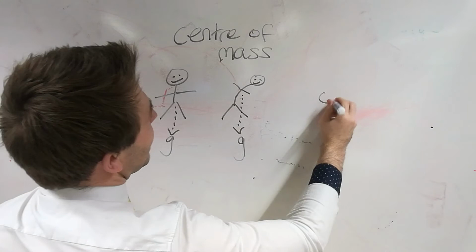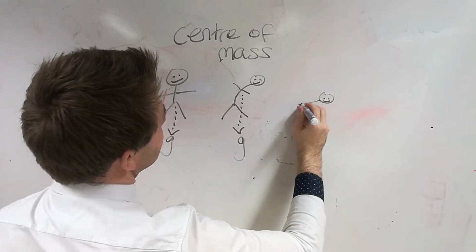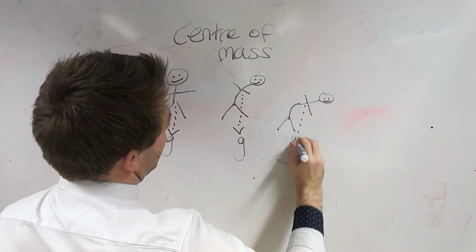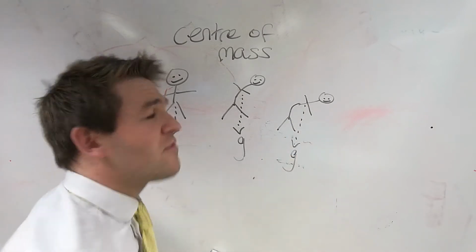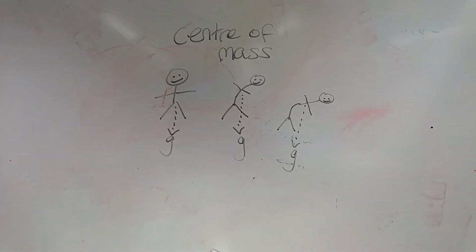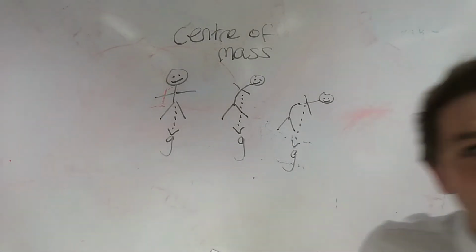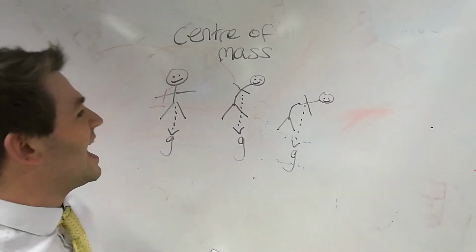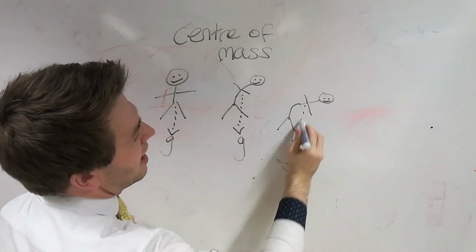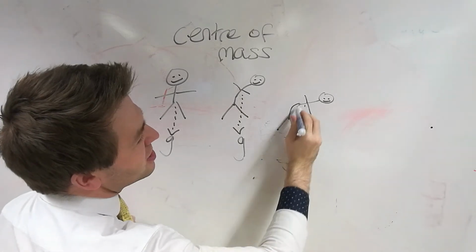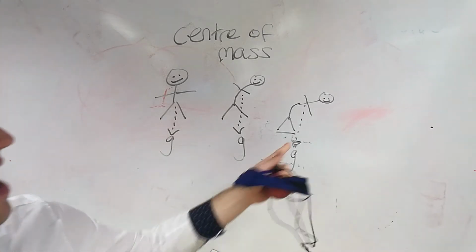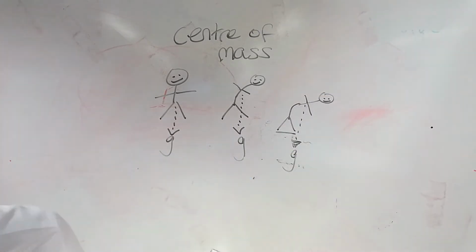If I can get myself to be like this, then I would fall over. If I go too far over, I'll fall. Because if I am over the edge for the area I have, which is here, then I can't support it and it falls over.